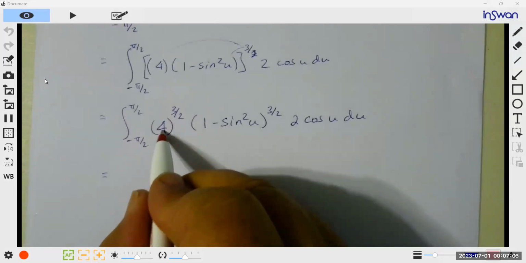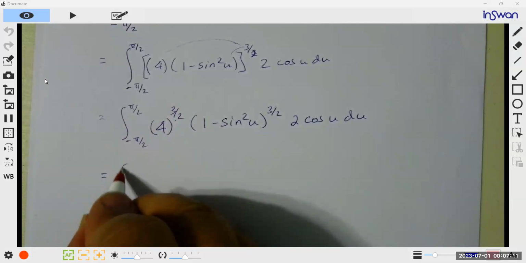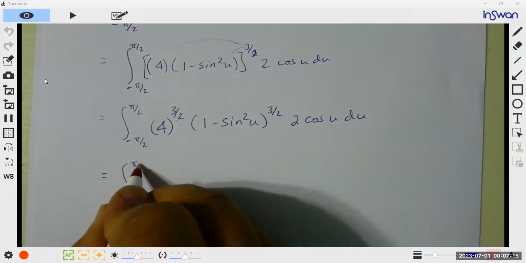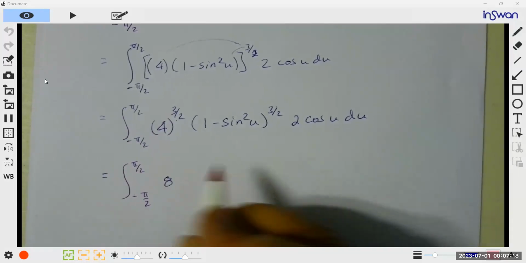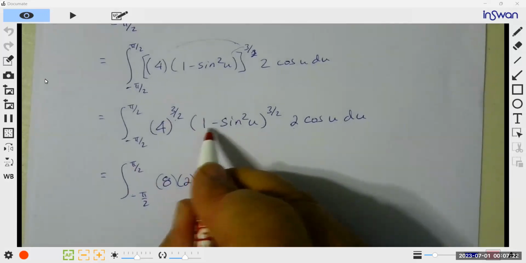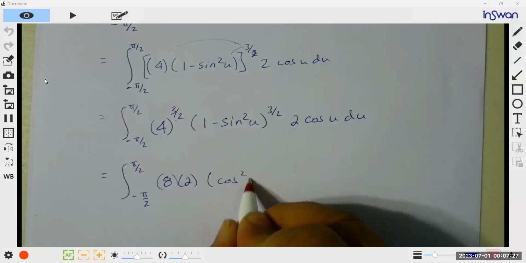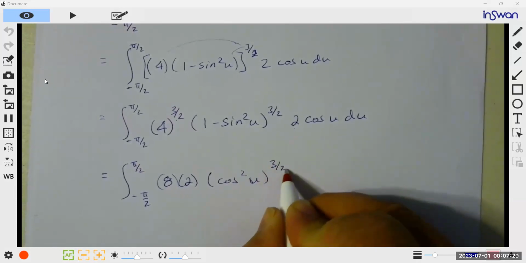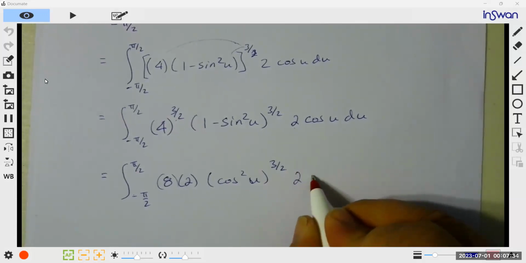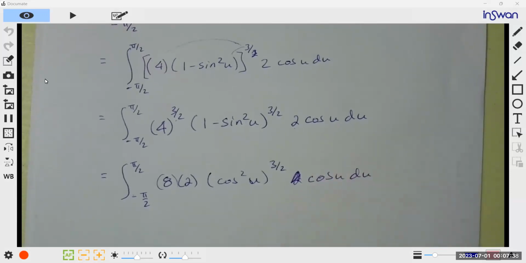So the square root of 4 is 2. 2 to the third power is 8. Times 2. 1 minus sine squared is cosine squared. Then the 2, cosine u du.